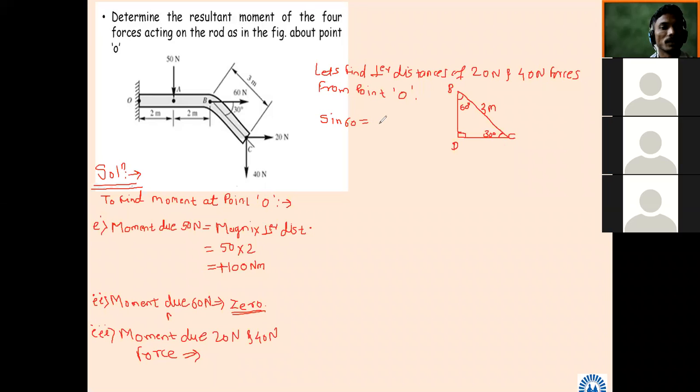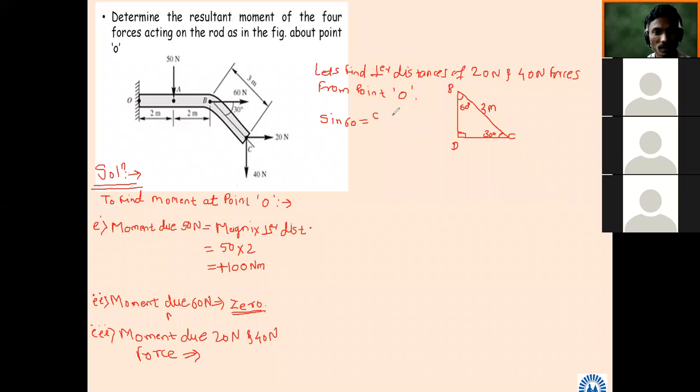Sir, the 30 degree angle will have to be used for finding the 20 Newton force. Then we are going to use both. See, both distances we have to find out, distance BD and CD, both we require.